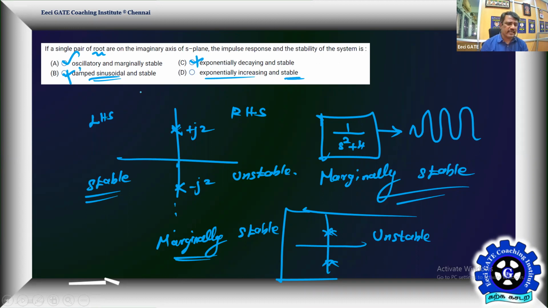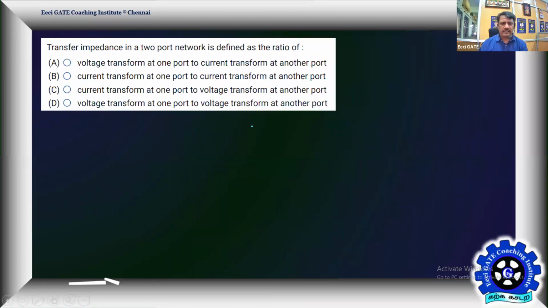So three options are saying it is stable, so definitely it is not a stable system. It is neither stable nor unstable, so that's the marginally stable category. So A is the best possible answer for this problem. That's easy. For one who knows the concept, they will give the answer instantly. As a formality, we'll go through the other options to ensure we are not committing any mistake.